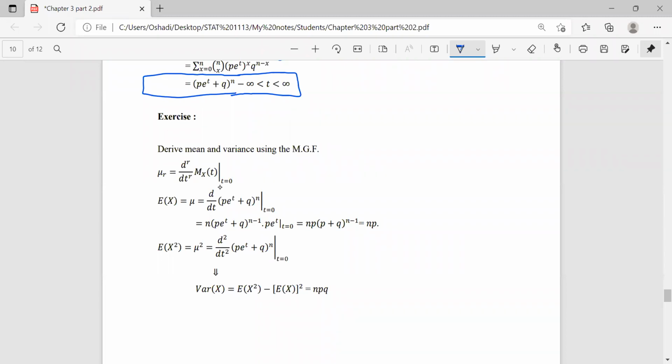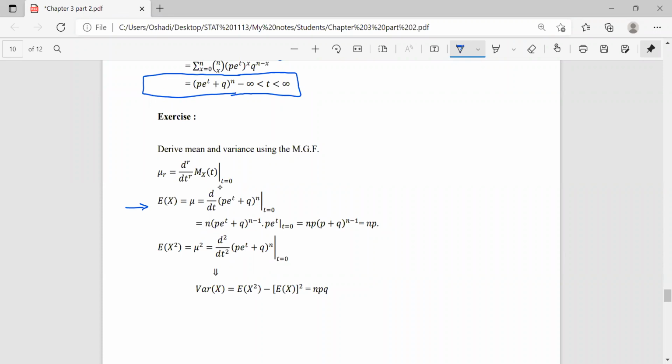So we can obtain the expected value of x, that is the first moment. So we take the first derivative of the moment generating function, d over dt of (p e to the t plus q) to the power n, and then put t equals 0.